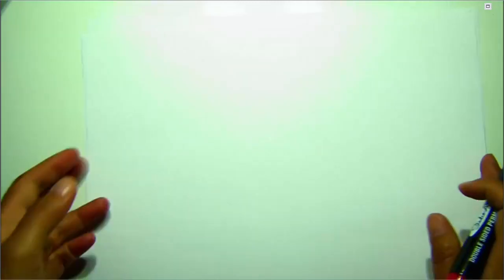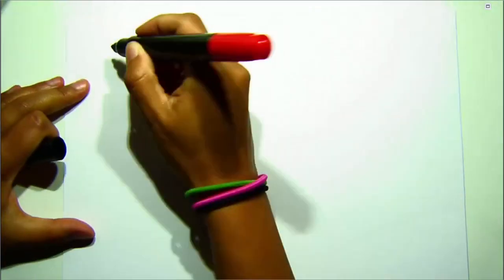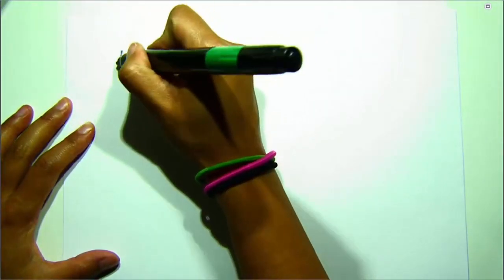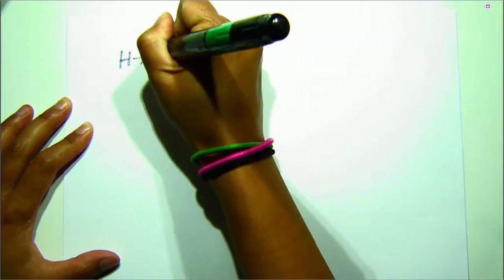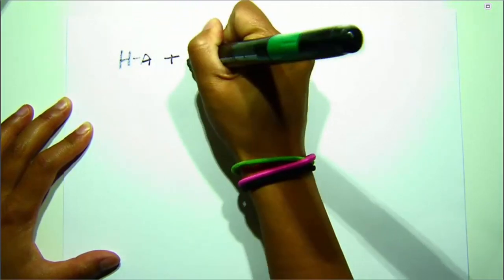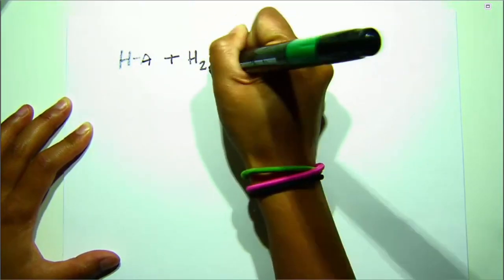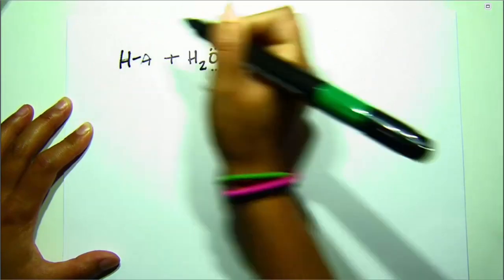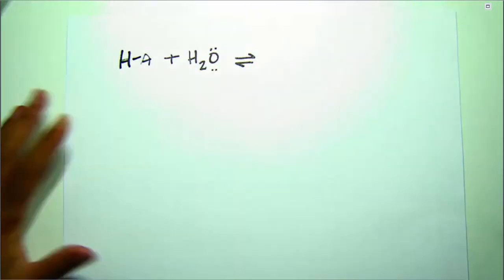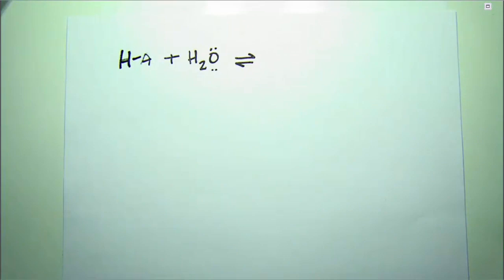If you take an organic acid, let's call it something generic, such as HA, and you dissolve it in water, some of the acid will dissociate, giving up its proton.